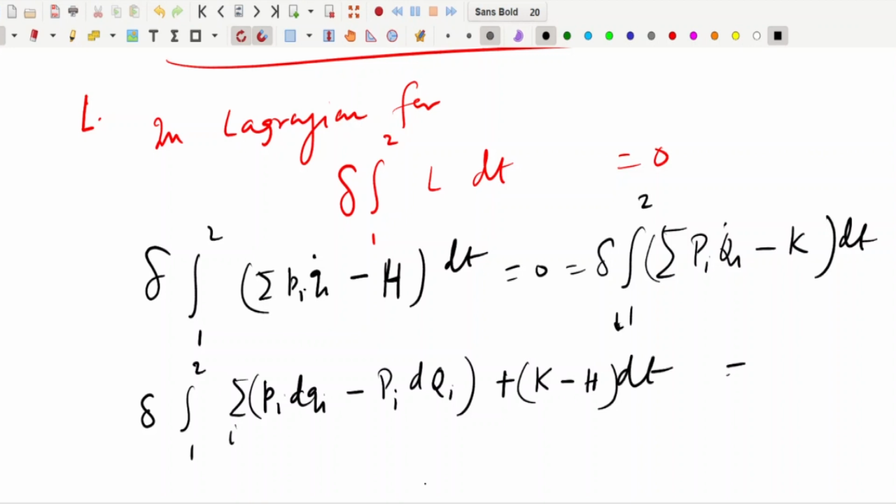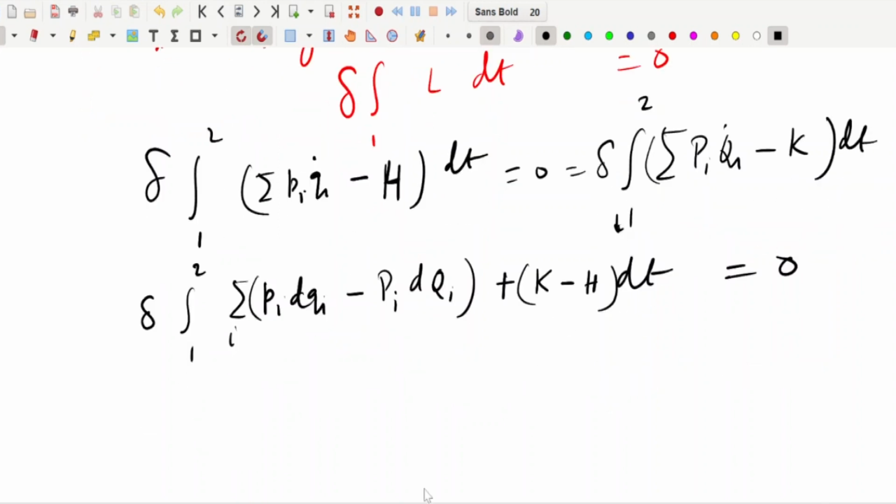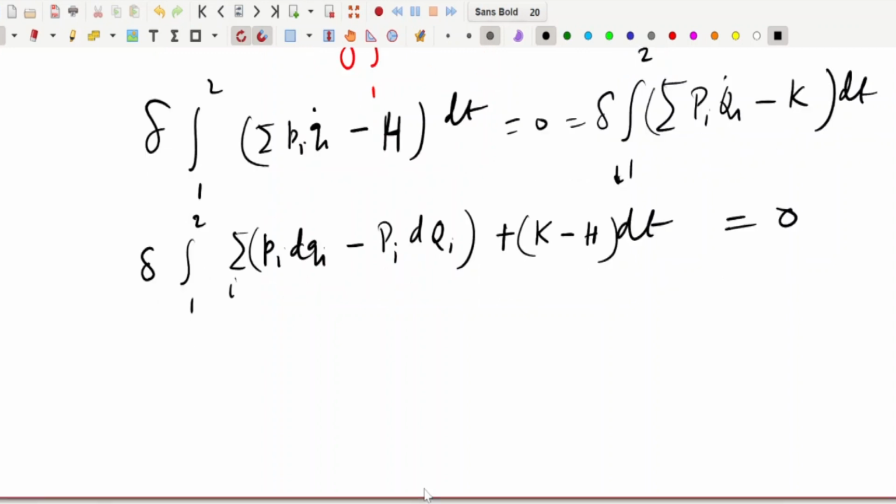So this has to be 0, right? I am just equating those two, so this has to be 0 for the transformation to be canonical. Now from here the variation will be 0, that we know from our Lagrangian formulation, if this quantity becomes a total time derivative, then we can say that the variation will be 0.